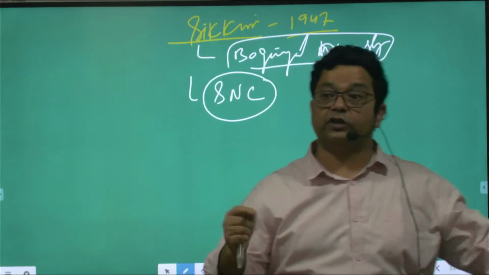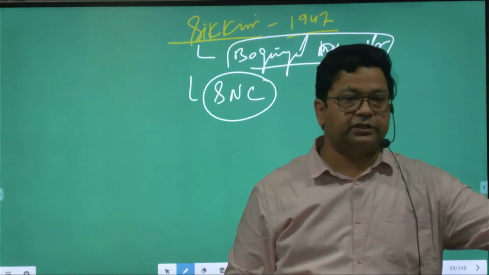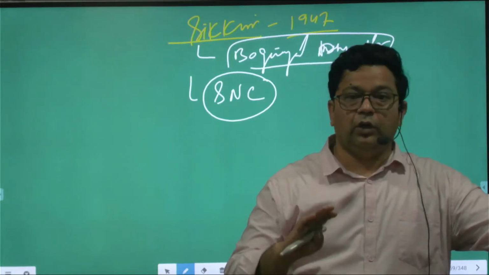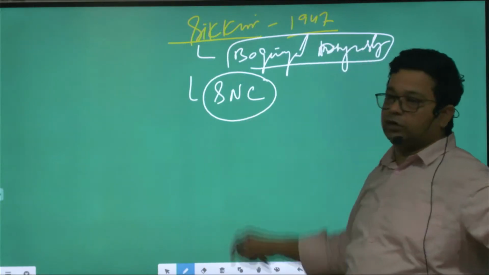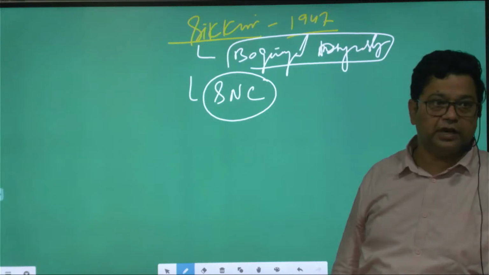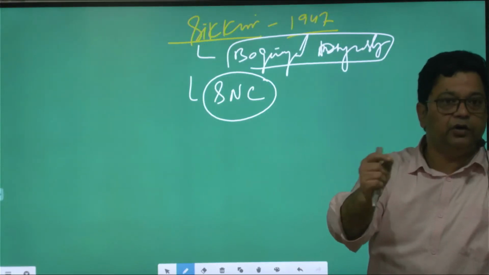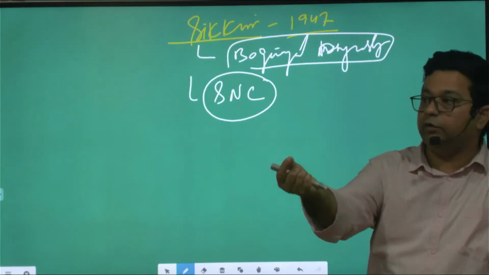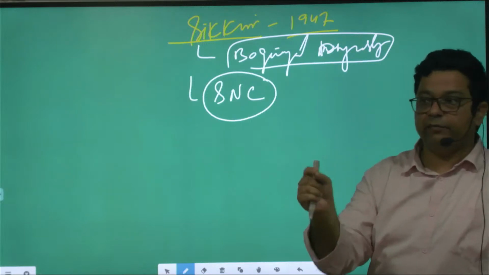He wants to rule his own dynasty in Sikkim. Yes. So this Sikkim National Congress passed a resolution and asked the Indian government to merge Sikkim into India. Right. So what did the Indian government do?